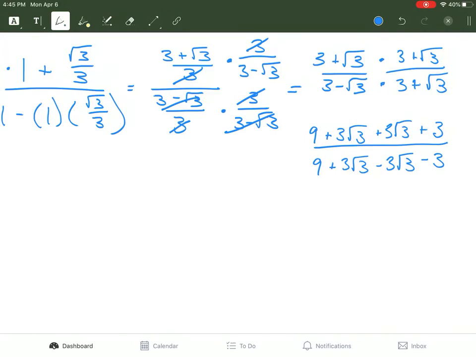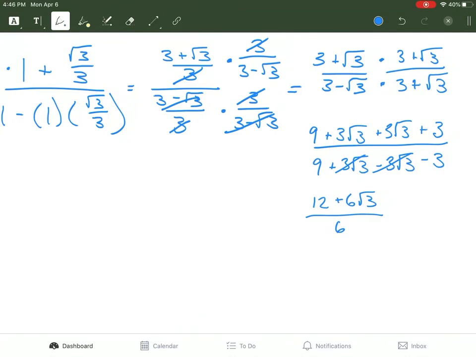Okay, we're going to keep going down from there. We're going to combine the like terms. On the top, we have 9 plus 3 is 12. And 3 root 3 plus 3 root 3 is 6 root 3. On the bottom, we have 9 minus 3, which is going to be 6. And the other two terms, because of the conjugate, will cancel themselves out.